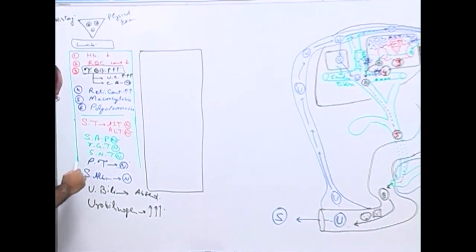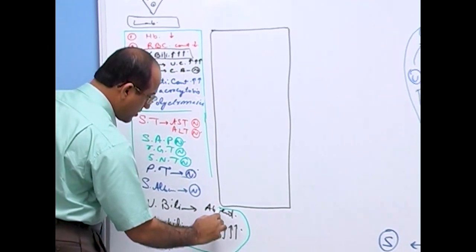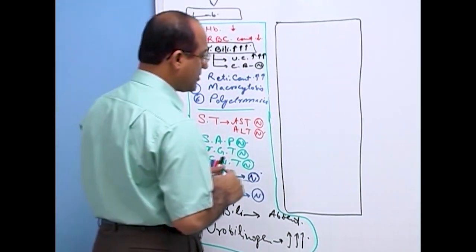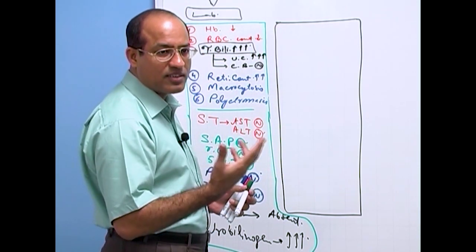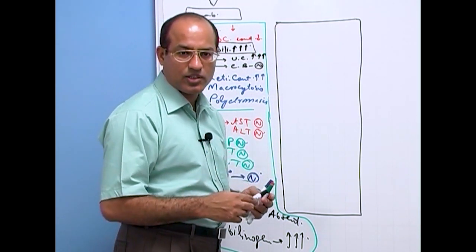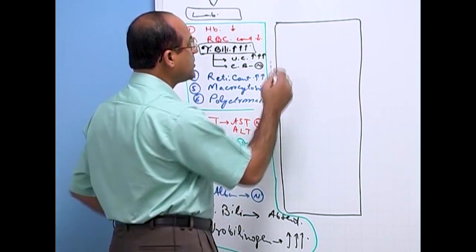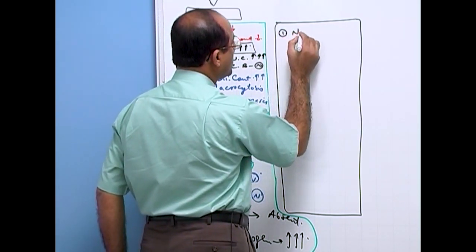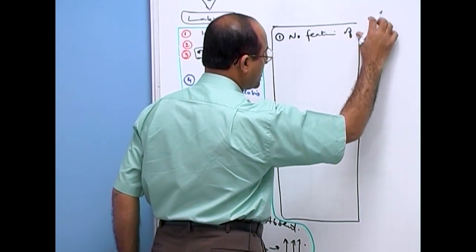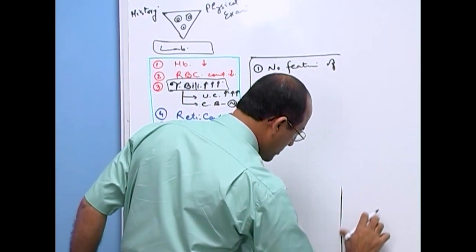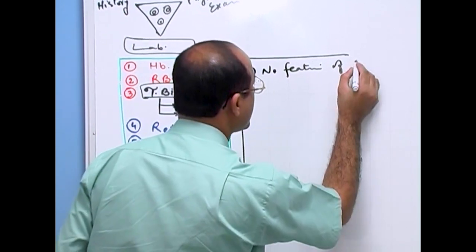This was your case number 1. Case number 2, yes. For example, he has severe viral hepatitis or due to any reason he has severe hepatocellular injury. Number 1, no features of hemolysis, features of excessive hemolysis.